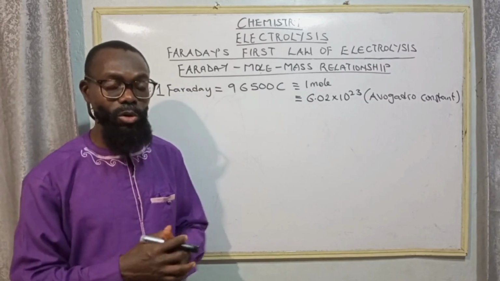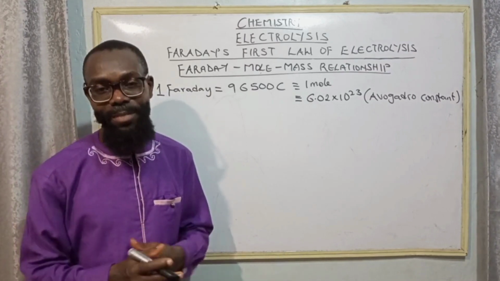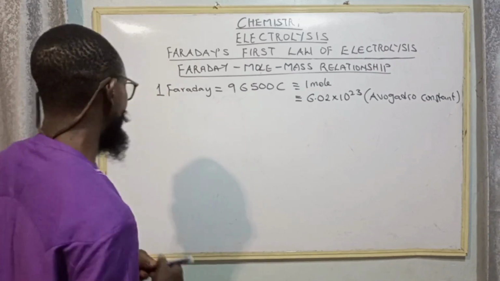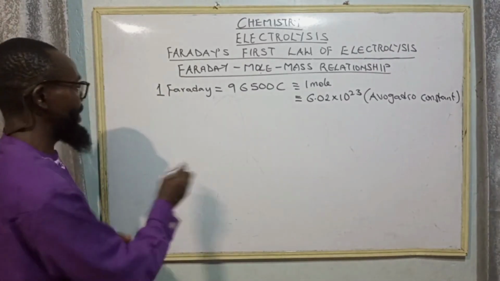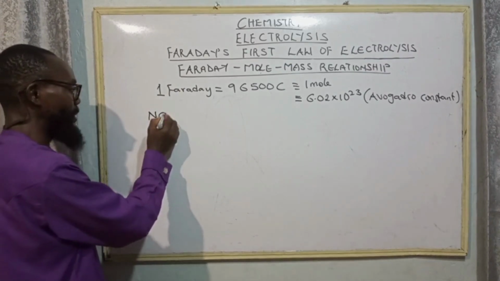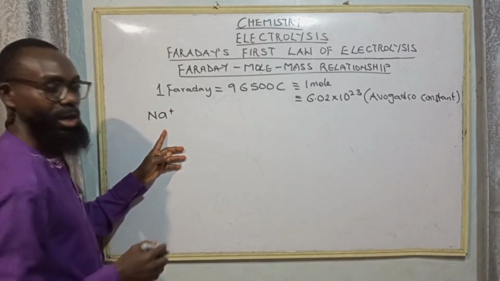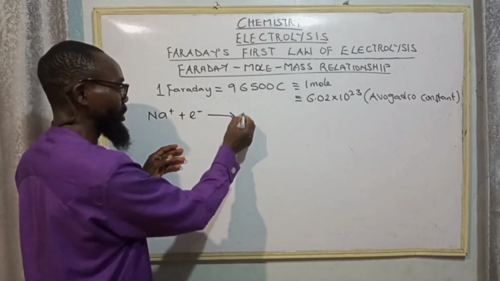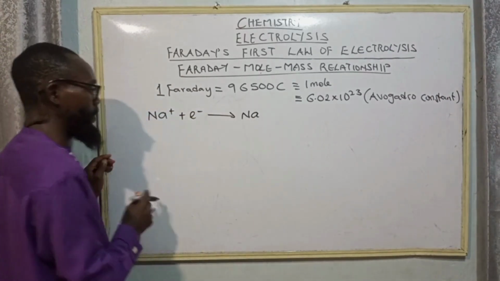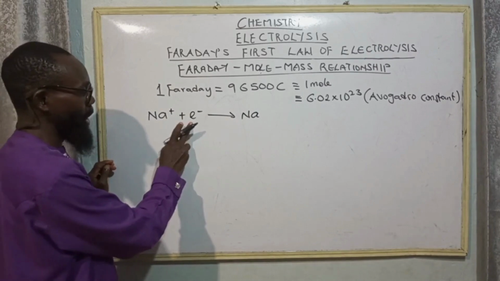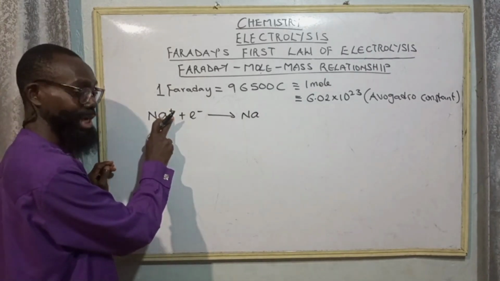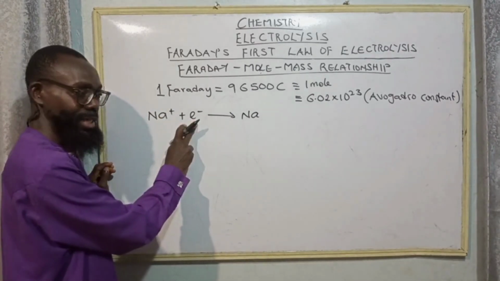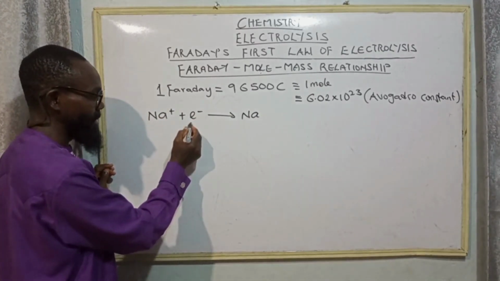We have some monovalent elements, divalent elements, trivalent elements, and so on. Let's say, for instance, for the monovalent elements, like sodium ion, this sodium ion is going to accept one electron to be deposited as sodium metal. From here, we have one charge here. That the charge here is 1. Likewise here. So we mean 1 Faraday.